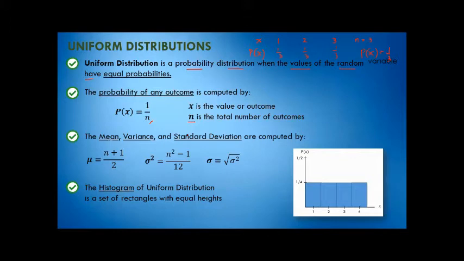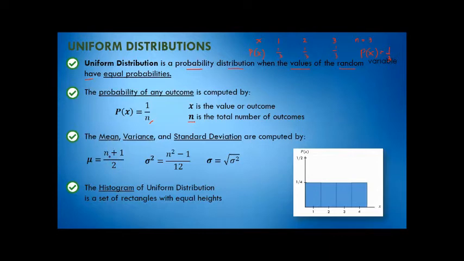Okay? Next, the next thing we need to know is how are we going to compute for the mean, variance, and standard deviation of uniform distribution. So we have the following formula specific for uniform distribution. For the mean, we have the formula mu is equals to n plus 1 divided by 2.